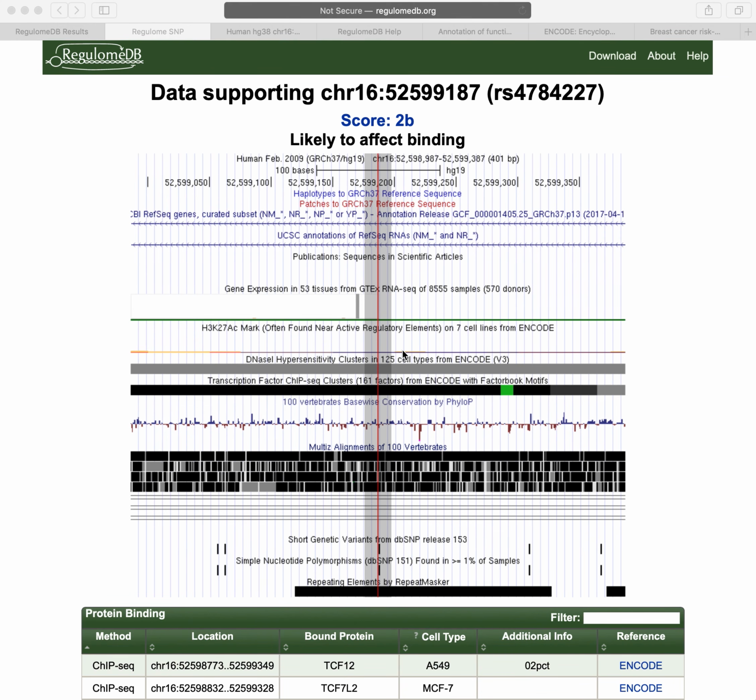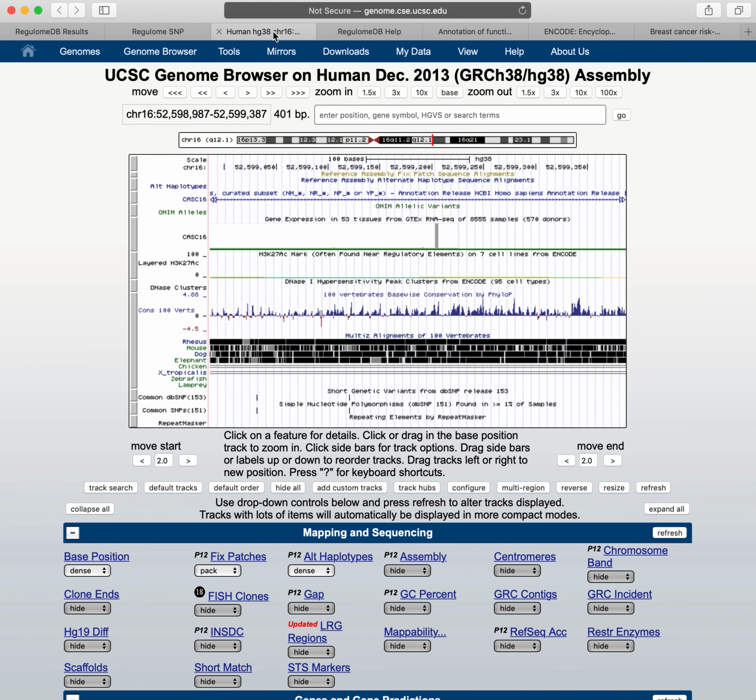Going back to the detailed supporting data for this score, the first figure is an embedded view of genomic profiles around the queried SNP, marked by the red line. Clicking on the figure, you will be brought to the UCSC Genome Browser, where you may customize the view with more tracks and various visualizations.